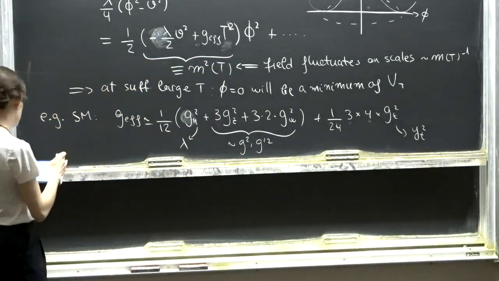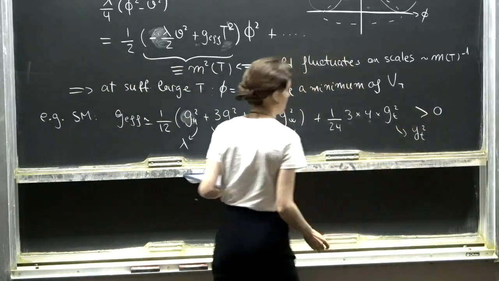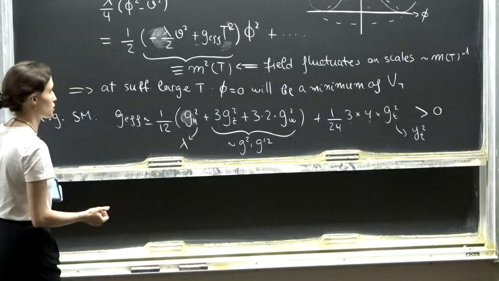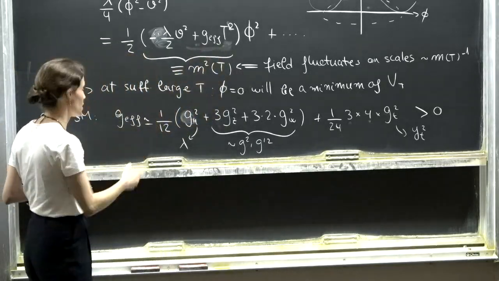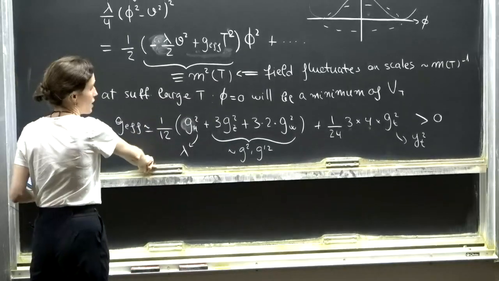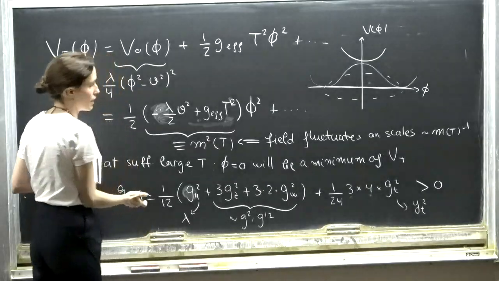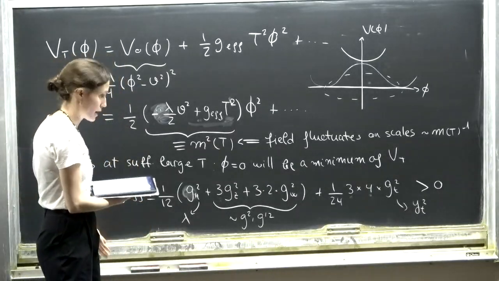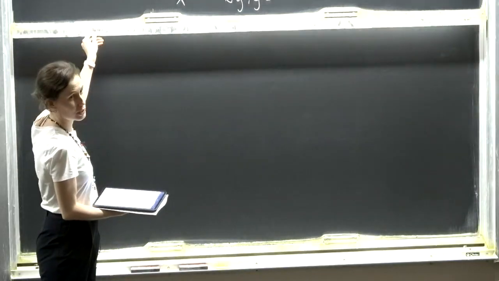One thing that is kind of obvious in this particular example is that this is bigger than 0, which is the reason why I was saying that for large enough temperature the symmetry is restored. So phi equals 0 becomes a minimum. And that positivity of this effective coefficient is true in general, but it's not some sacrosanct principle that it has to be positive.